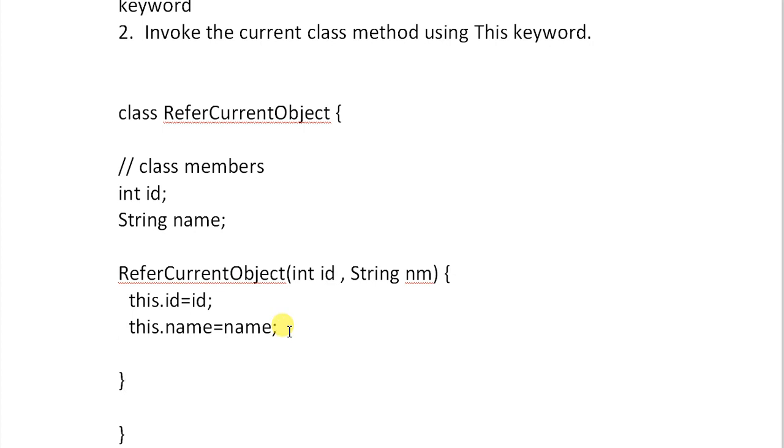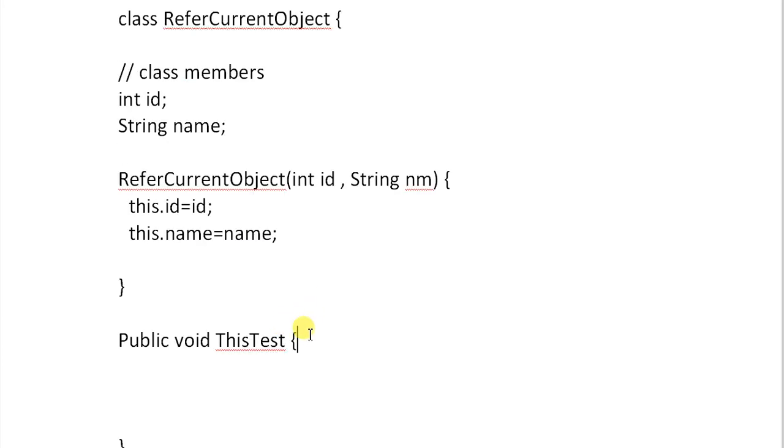Let me create one more method. Let's say public void this test, and this is a method, so we should use like this. And what is the job of the method? Just we need to print the ID and name. This is a pseudo code again.